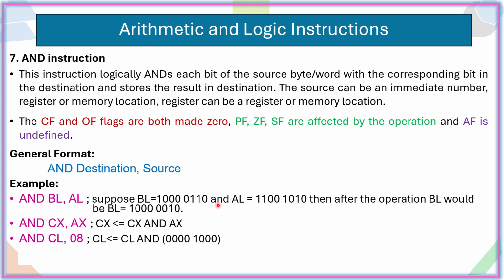When I compare 0 with 0, it is 0; 1 with 1 becomes 1; 0 with 1 is 0; 1 with 0 is 0; again these two bits are also 0. Other than the MSB, it's all going to be 0, because in the MSB alone both are 1. So the final result will be like this, and that will be stored in the BL.